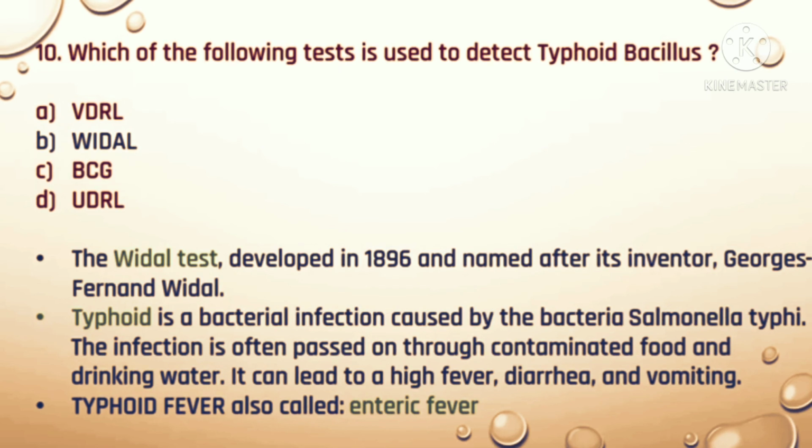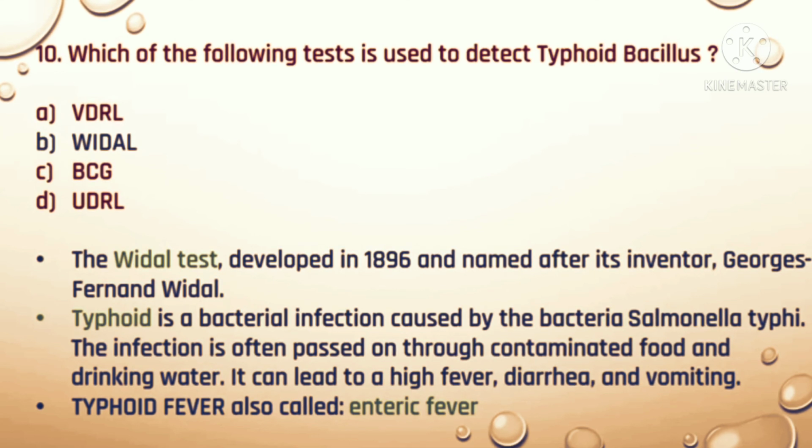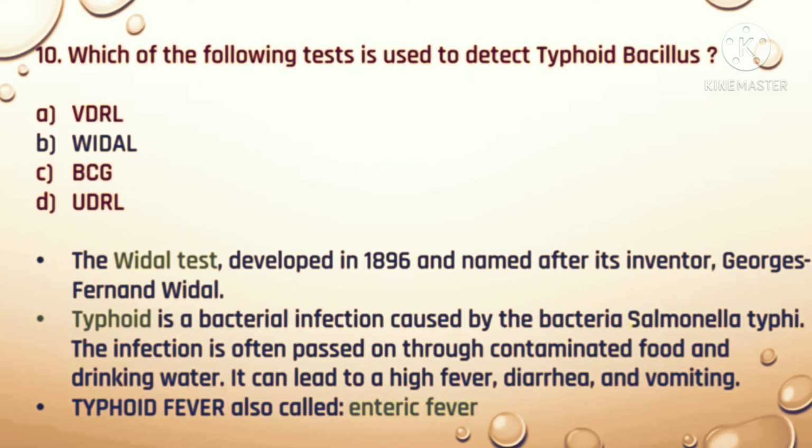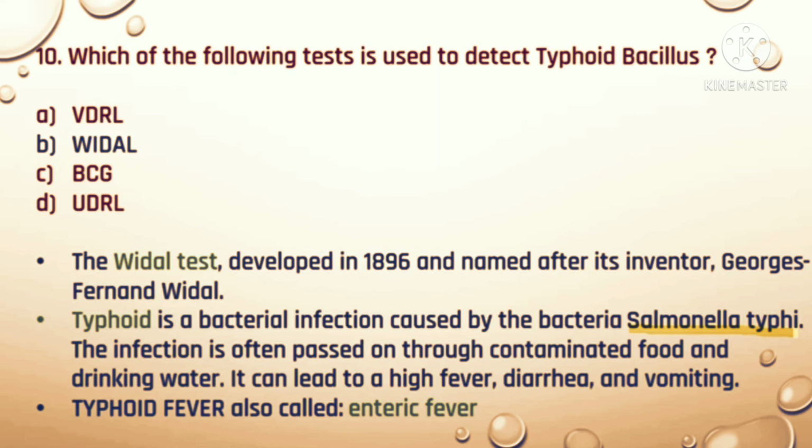Typhoid, it is a bacterial infection caused by a bacteria called Salmonella typhi, and the infection is spread from one person to other through the contaminated food and water, and the symptoms will be like high fever, diarrhea, vomiting. And typhoid, it is also called as enteric fever.